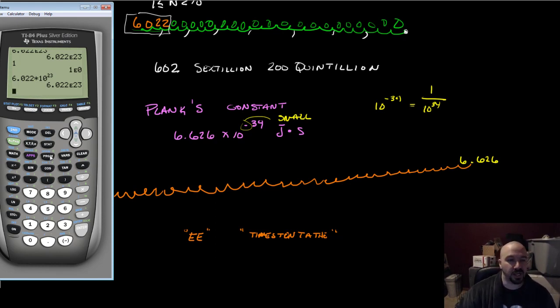This comes into play when I want to, let's say, divide 6.022 times 10 to the 23rd by Planck's constant, which is 6.626 times 10 to the negative 34.